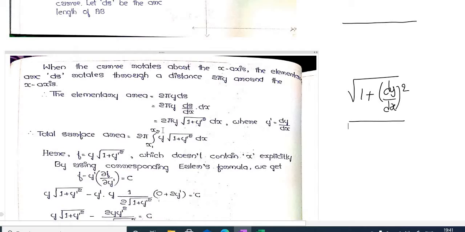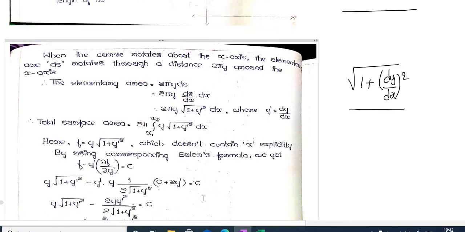So, this is f as it is minus y dash. Now, we are going to do partial differentiation of f with respect to y dash. Observe, when we do partial differentiation with respect to y dash, y is constant. So, for root, 1 by 2 into root of 1 plus y dash square. For 1, it is 0; for y dash square, the differentiation is 2y dash. Here c is there, we are going to write c as it is.